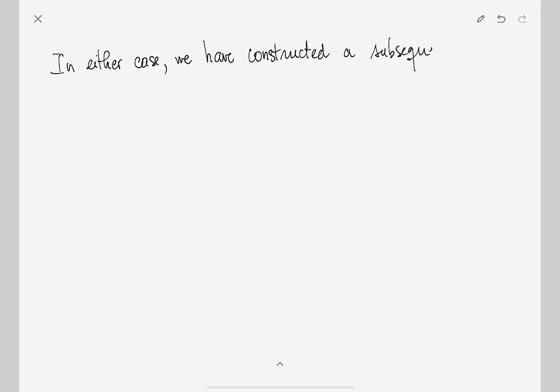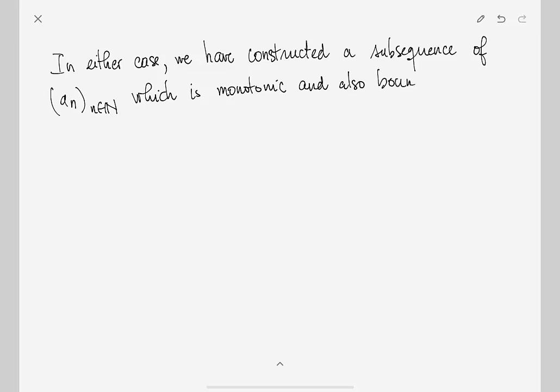So in either case, we have constructed a subsequence of a sub n which is monotonic and also bounded.